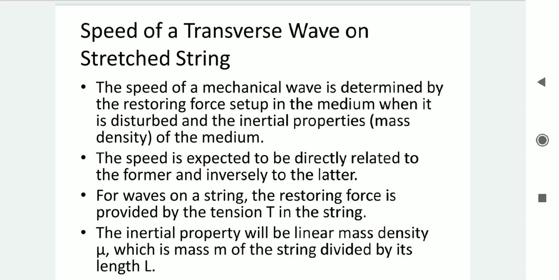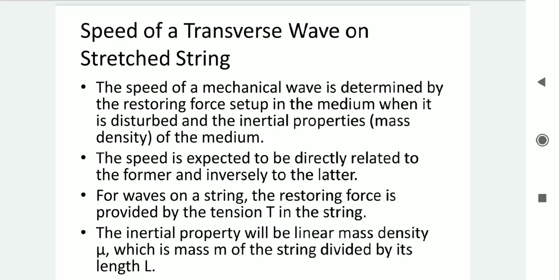So the speed is expected to be directly related to the former and inversely to the latter. For waves on a string, the restoring force is provided by the tension force T in the string. The inertial property is the linear mass density mu, which is the mass of the string divided by its length L.